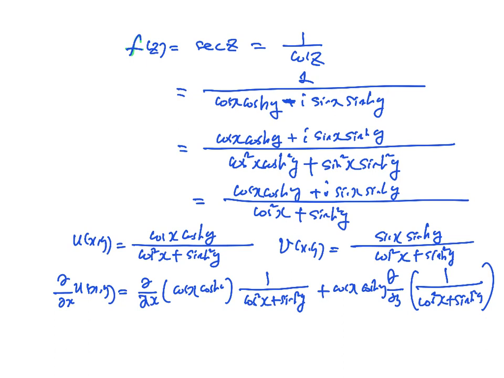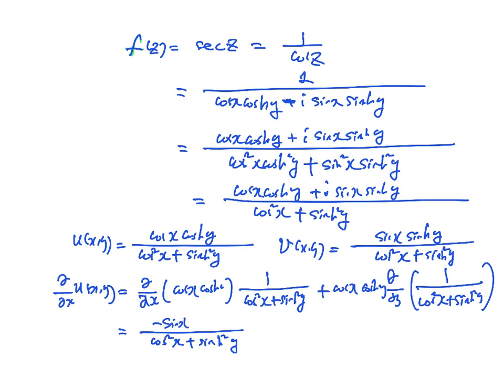The first part is easy. The first part is simply minus sine x cosine hyperbolic y times cosine square x plus sine hyperbolic square y.